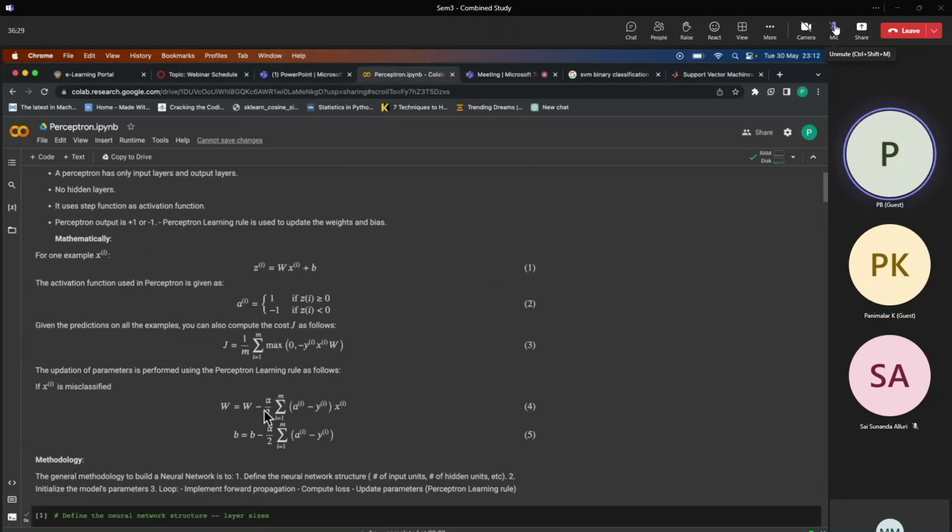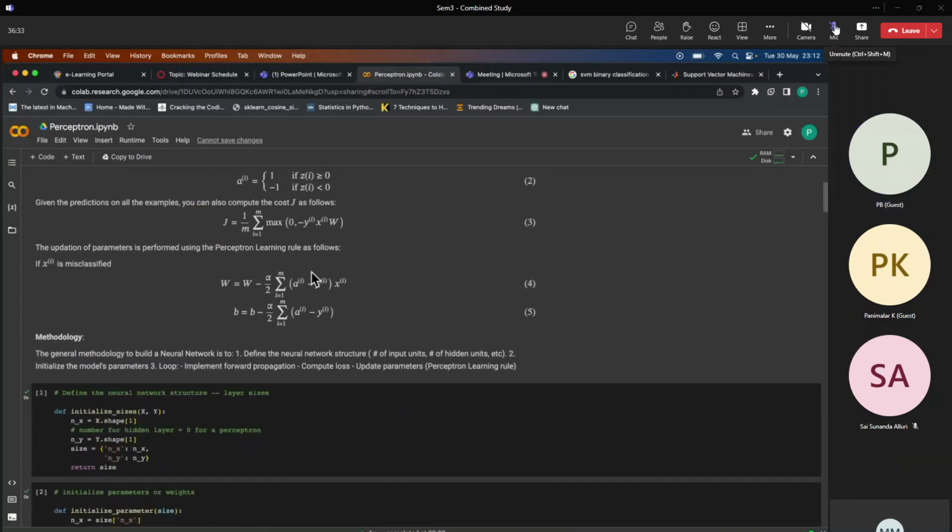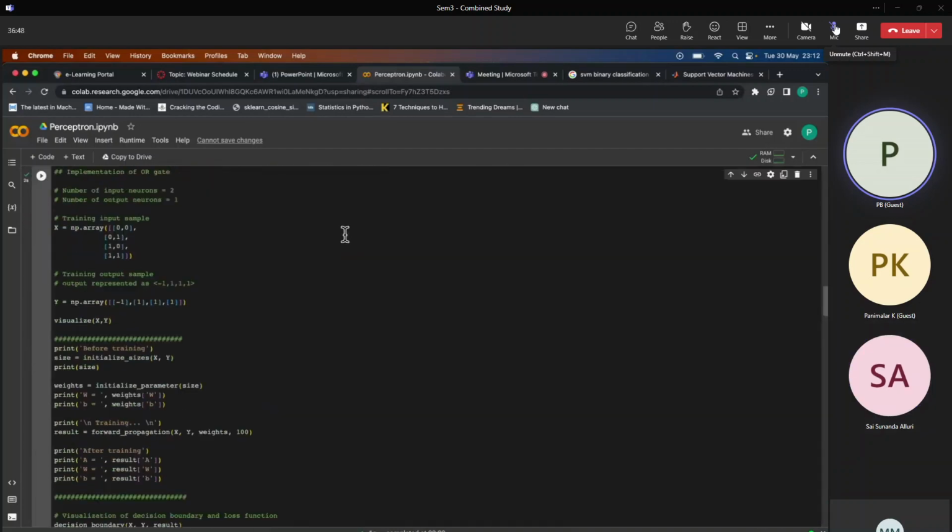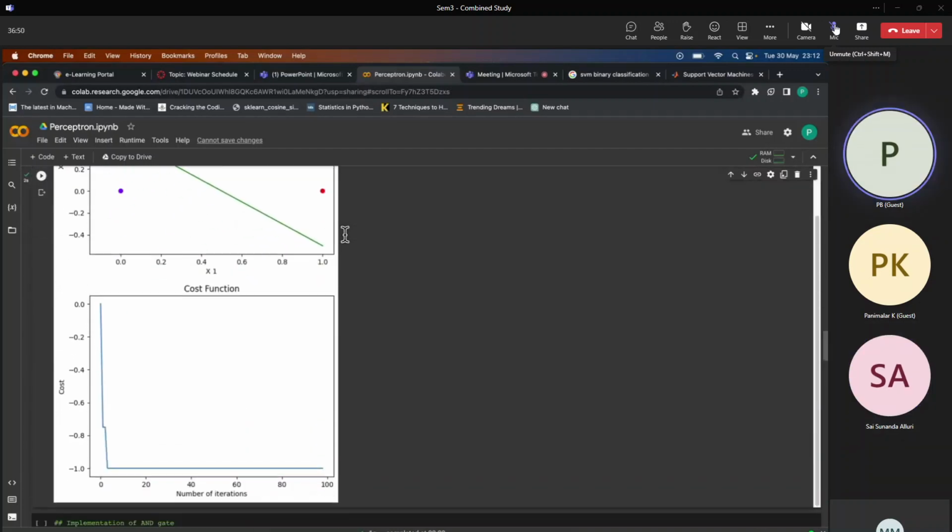This is the updation part, but this is the cost part. So when we see this function, do we see any square value somewhere? No, no. It's just linear factors only, right? So when it is a linear factor, the cost function is linear, right? We don't have any curve here.